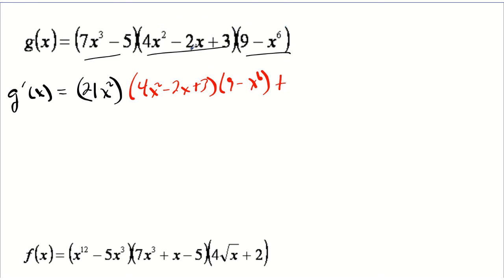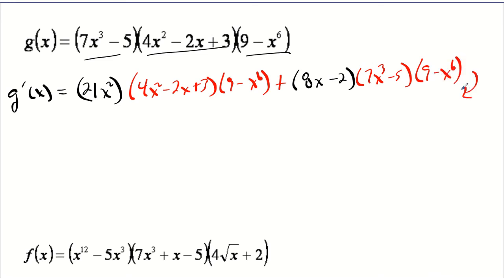So look at this bracket only. The derivative in that bracket would be 8x minus 2. Derivative of the constant is 0. There's derivative of the second. Multiply that by the other 2. So the first one, 7x cubed minus 5. And the third one, 9, subtract x to the 6th.